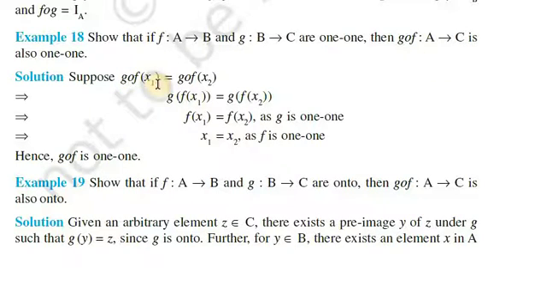Now to show that g of f is 1-1, we should start with: let g of f(x1) equal g of f(x2). That is how we show whether the function is 1-1 or not. Our aim is to prove that x1 is equal to x2.